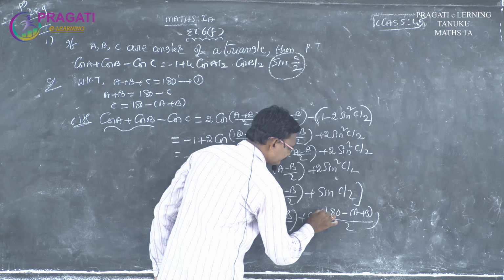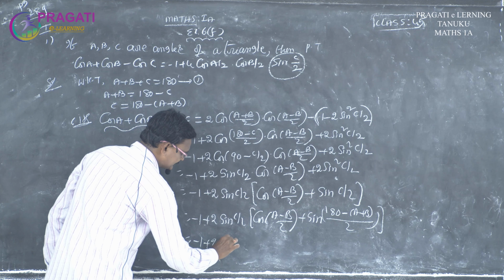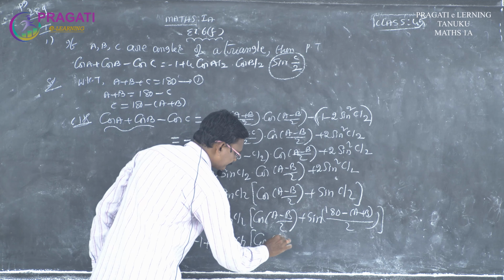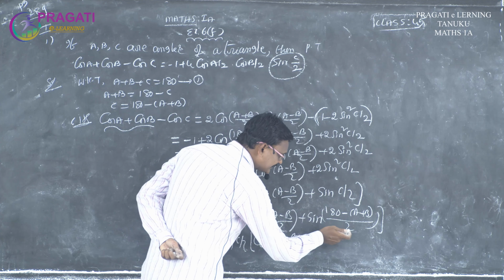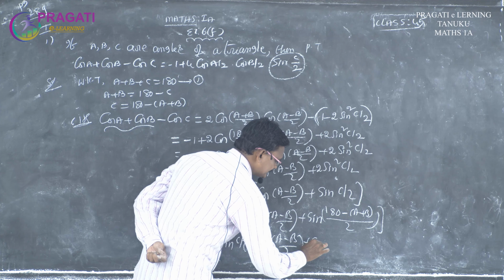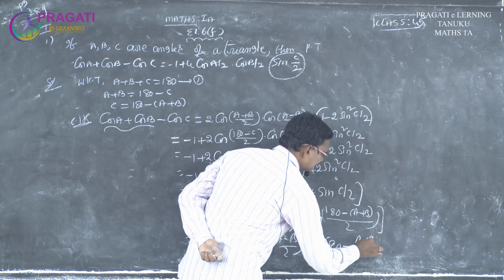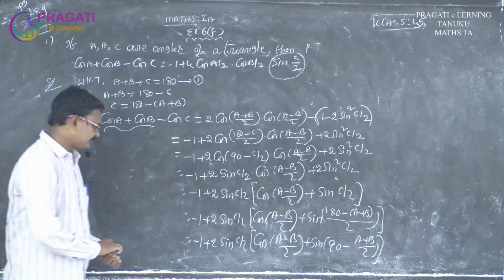So now minus 1 plus 2 sin C by 2 cos of A minus B by 2, and this is 180 by 2, that means 90, plus sin of 90 minus A plus B by 2. In the process there is no change as it is a process.